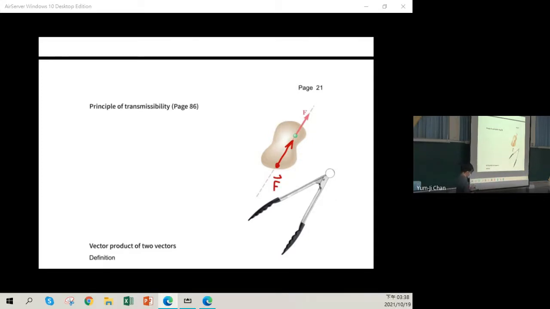That means there is no difference putting the force here or putting the force here, as long as they have the same line of action.